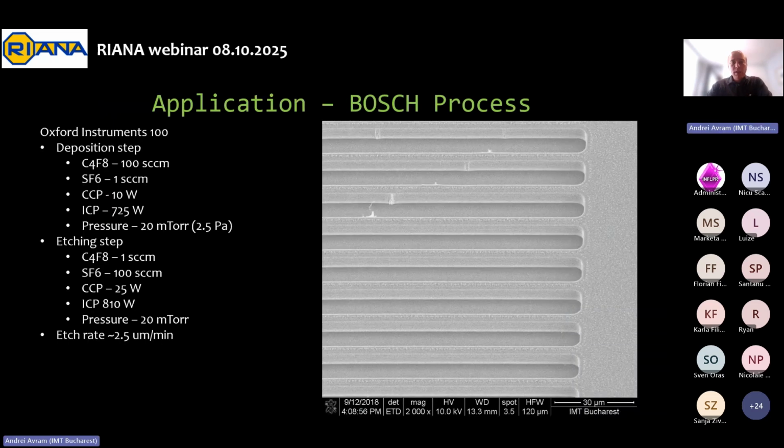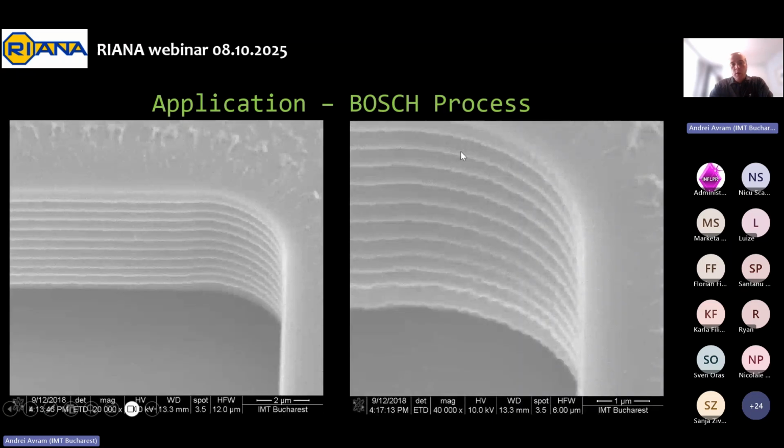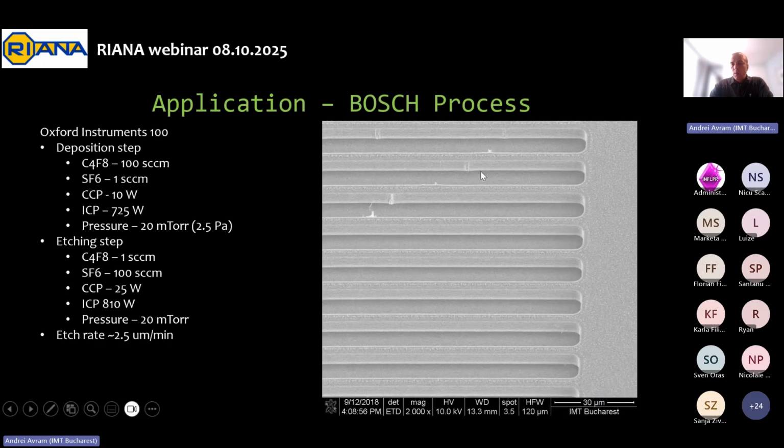So some examples for the Bosch process. This is one of the Bosch processes that we typically use in our Plasma Pro 100 from Oxford Instruments. The etch rate is about 2.5 microns per minute. As you can see, you have two steps that are repeated as long as you need. I think this structure was a diffraction grating we did in some project.